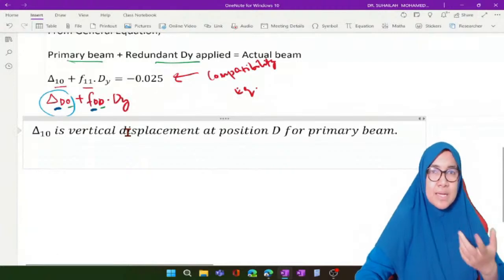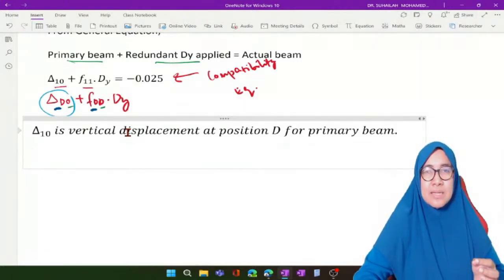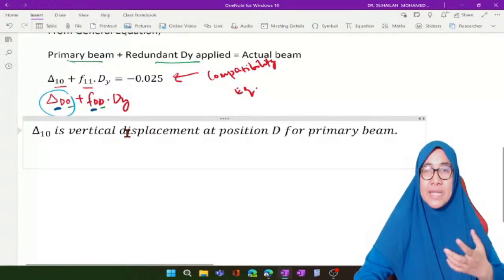And we have another deflection symbol. It is F11 or FDD.